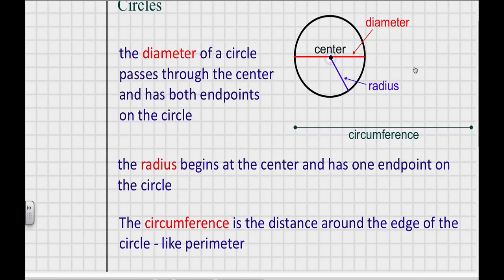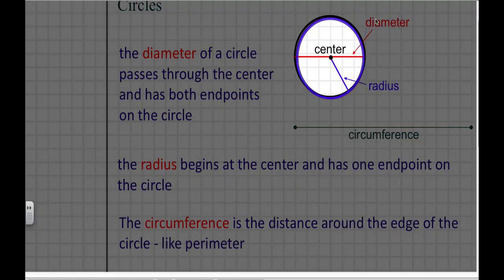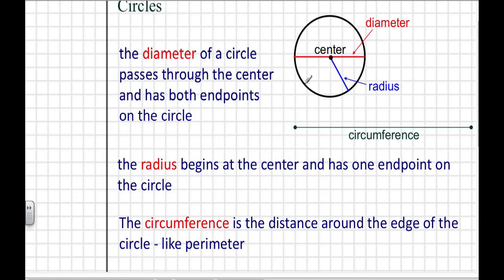You can visualize if I put my circle down on this line and I rolled it out to the other exact point where I started from, how long that line would be. Visualize it like a roll of toilet paper, right? If you roll out a roll of toilet paper, you get a flat line of toilet paper that you could wrap around the edge of the roll. The distance that piece is, that you would wrap around the whole edge, is the circumference.